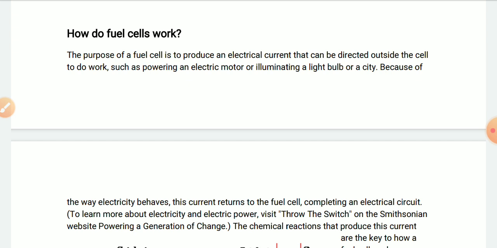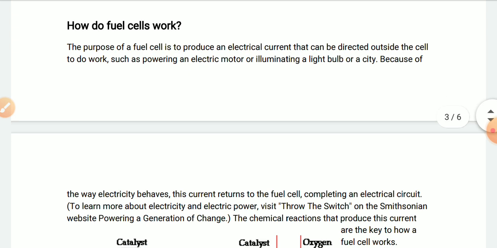This is a big improvement over the internal combustion engine, coal burning power plants, and nuclear power plants, all of which produce harmful byproducts. But as I told, after the reaction the fuel cell produces water, electricity, and heat.